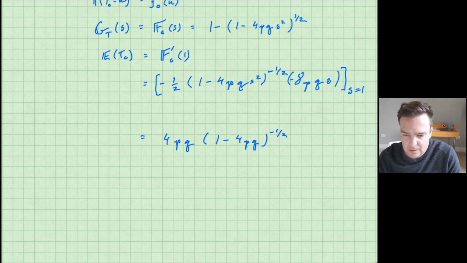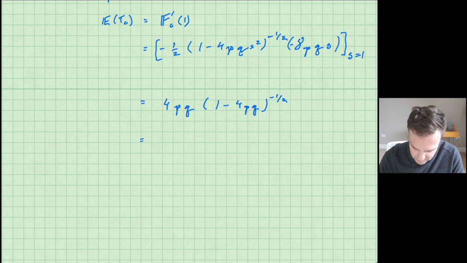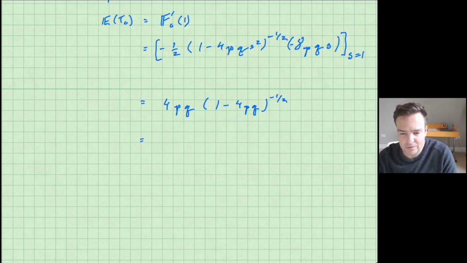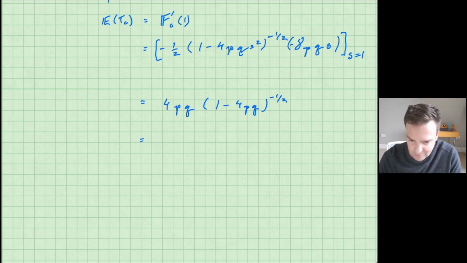Okay, now let's look at this the following way. We want to look at the case where p and q are each 1/2, and so that's 4 times 1/2 times 1/2, so that's 1. And so what we're really interested in here is this kind of thing.